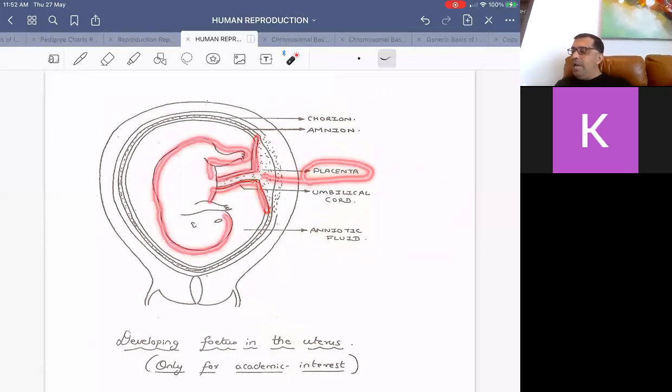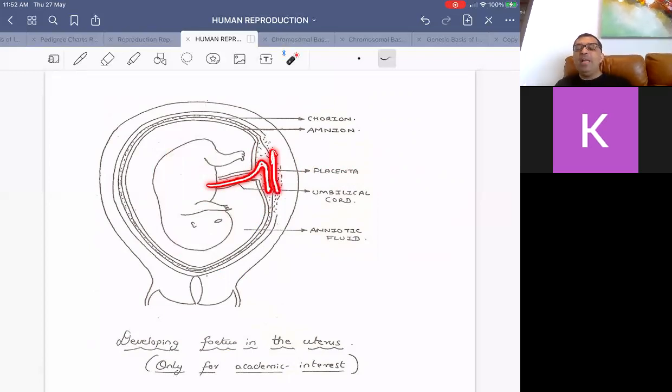And umbilical cord से fetus की blood capillaries placenta के अंदर जाती है and mother की blood capillaries now come in contact, and from the mother's blood oxygen, sugar, nourishment, enzymes, vitamins, hormones all enter into the fetus.